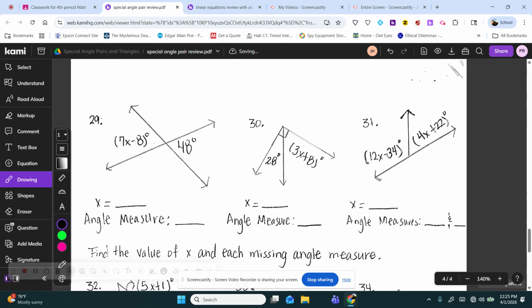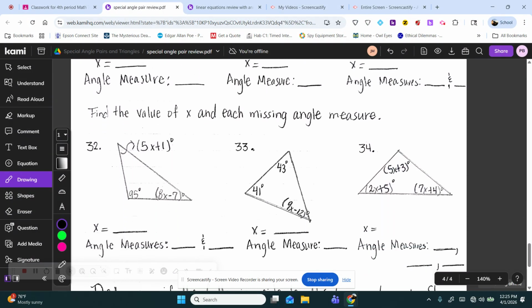I will tell you that these are vertical. They're equal to each other. I will tell you that you need to add these up and set it equal to 90 on 30. And on 31, I will tell you you need to combine like terms and set it equal to 180. And you are going to be able to work with somebody during this.